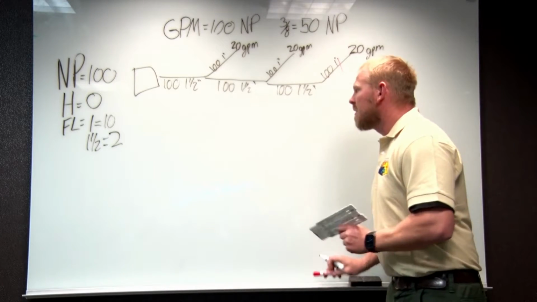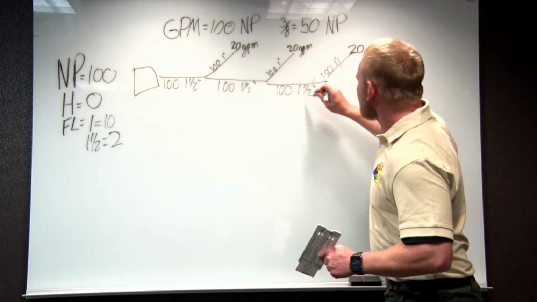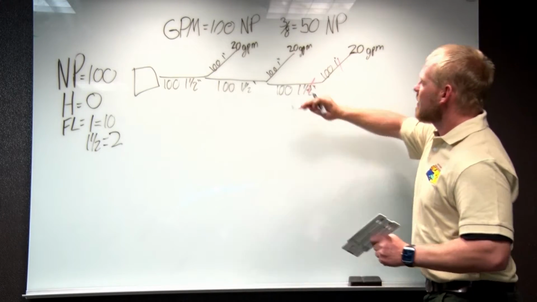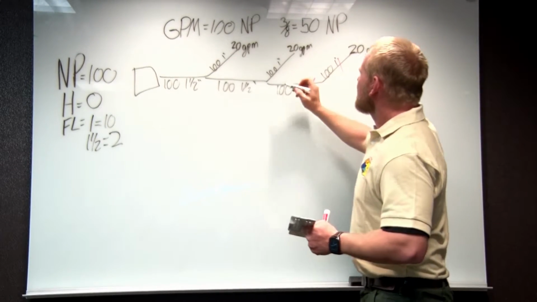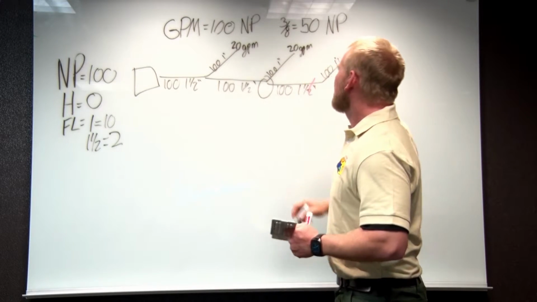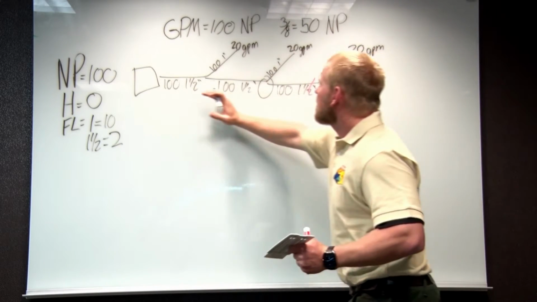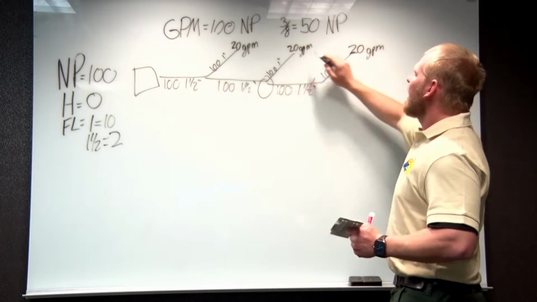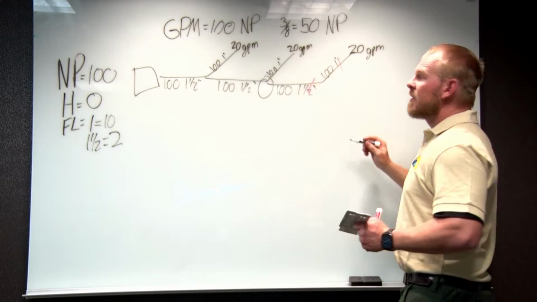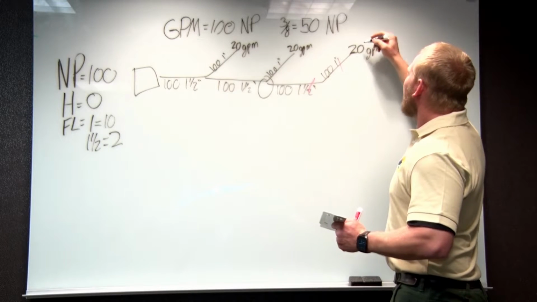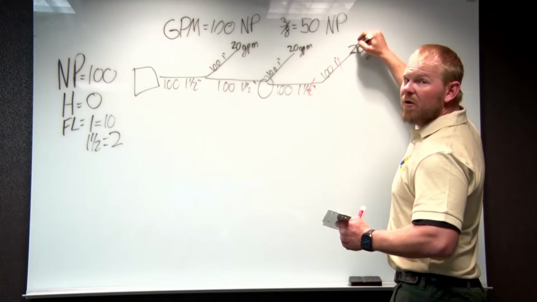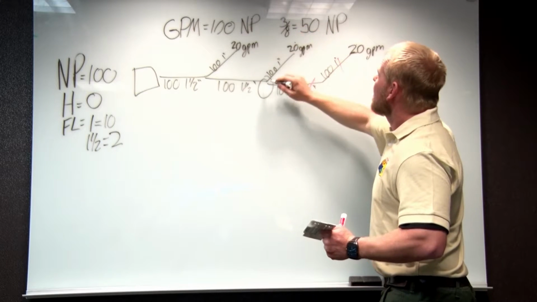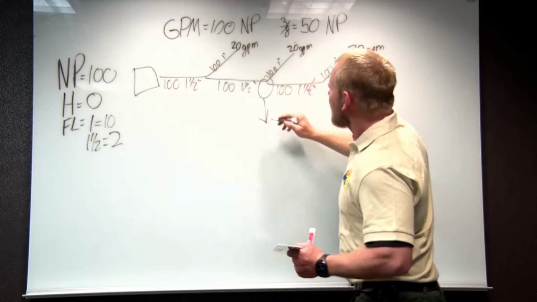So I've solved for this one already. My first lateral done, my 1.5 inches done. Now I'm at this junction right here. As I work back towards my water source and I pass my laterals, I have to account for them. So at this junction, I have to provide 20 gallons per minute of water here and 20 gallons per minute of water here. So it's 40 gallons per minute I need right here.